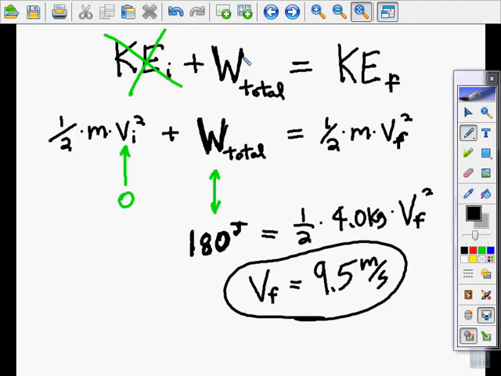And in the future, the conservative work is going to be calculated, or I should say replaced, with potential energies. At first you might be like, why are we doing all this? In the end, it's going to make our life easier because some of the work that's conservative can be calculated much more easily by using potential energy formulas.